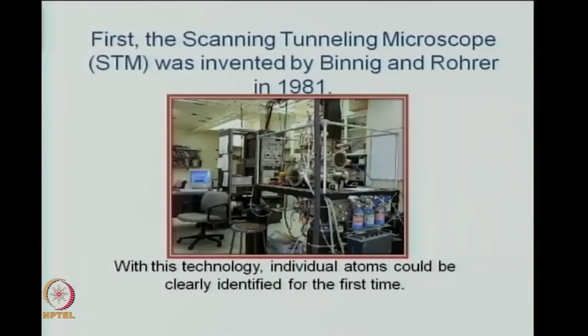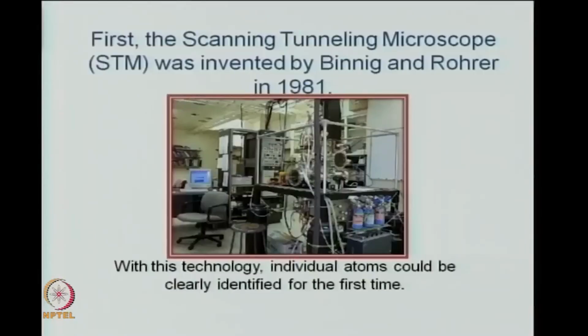One of those microscopes, the scanning tunneling microscope, was invented in 1981, and we could clearly see atoms using the scanning tunneling microscope, although even with transmission electron microscope you can see atoms at very high resolution.